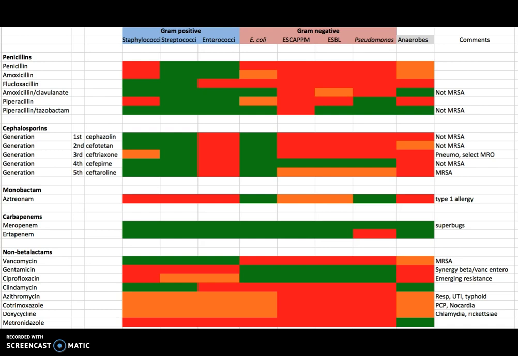So this is a full view of the spreadsheet that we have created, which lists the commonly available antibiotics that you'll use in your clinical practice versus the bacteria most commonly found in human infections.